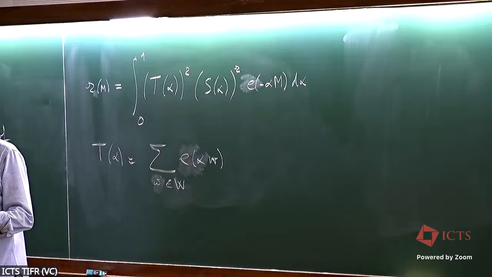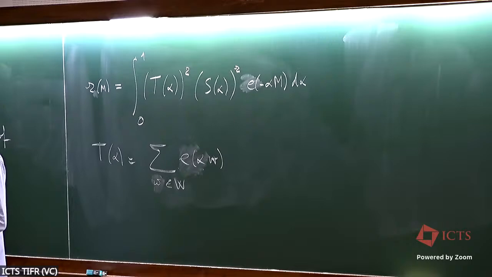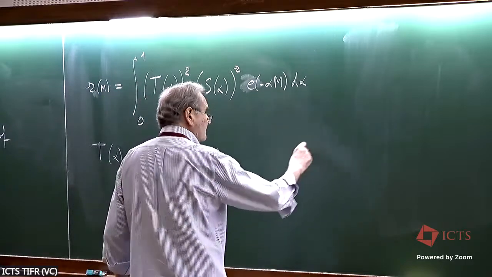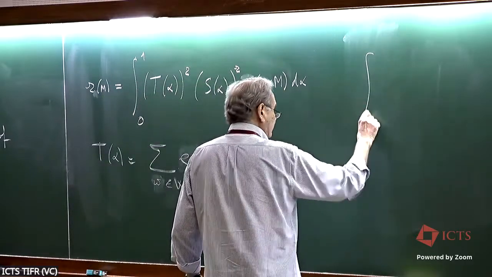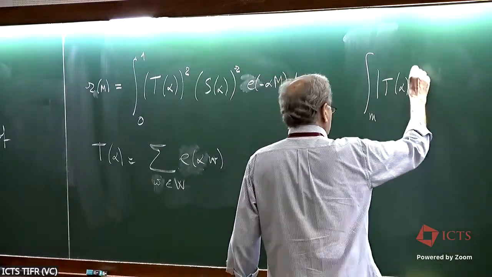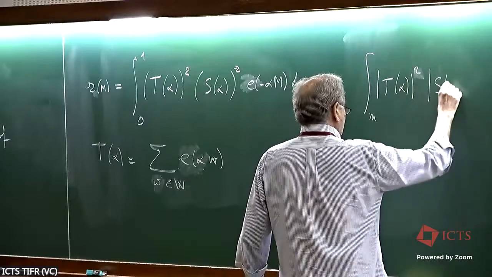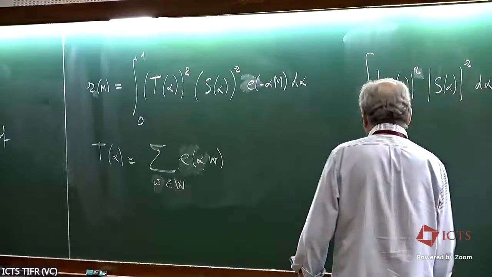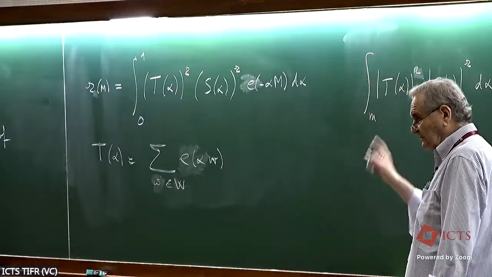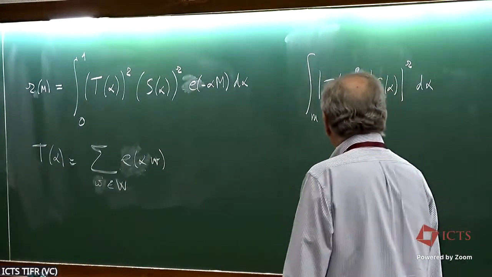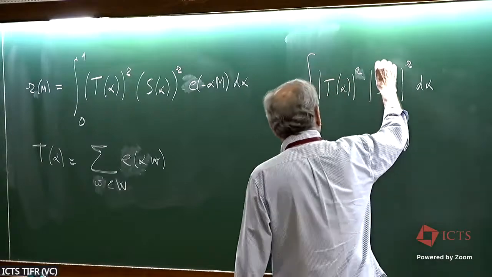What about the minor arcs? And this is on the minor arcs that you are winning a lot. Because on the minor arcs, what you are going to do is to say that the integral of the minor arcs of T of alpha squared, S of alpha to R, modulus of E of minus alpha n, which is not here. And of course, what you do is this.